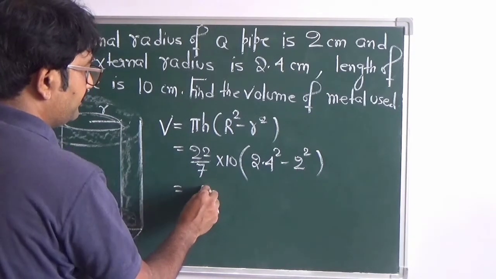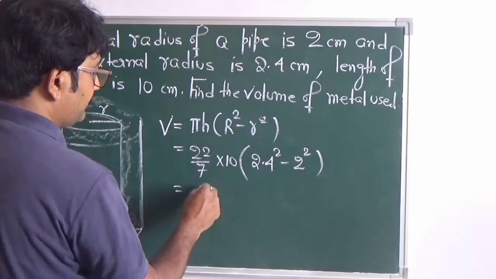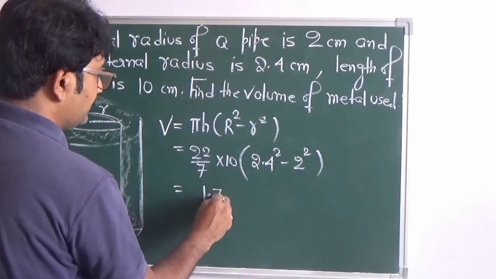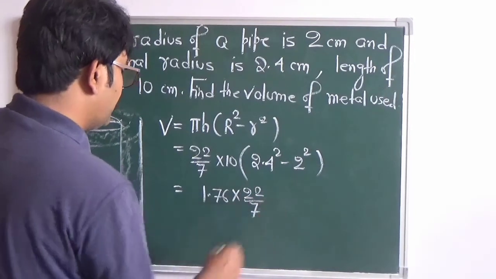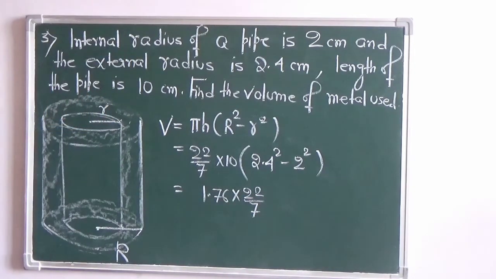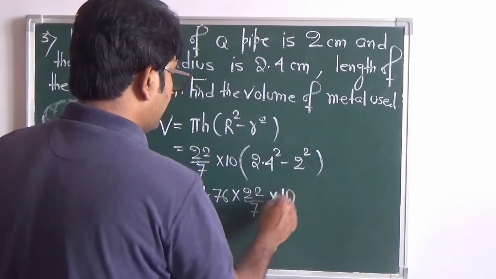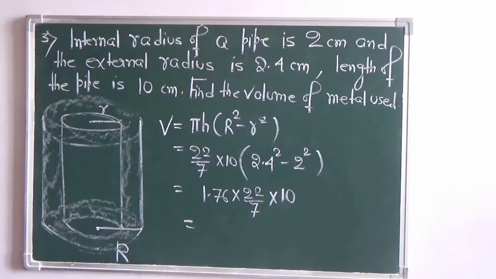So this becomes 1.76 into 22/7 into the height, that is 10. So finally we are getting 1.76 into 22/7 into 10, and it is coming to 55.3.